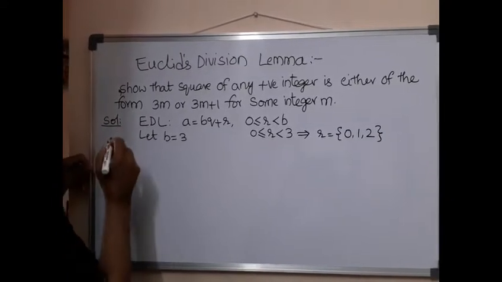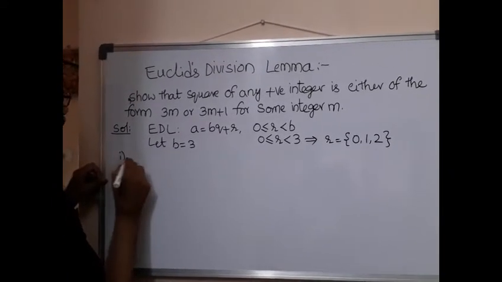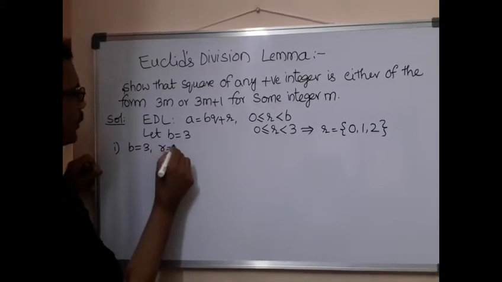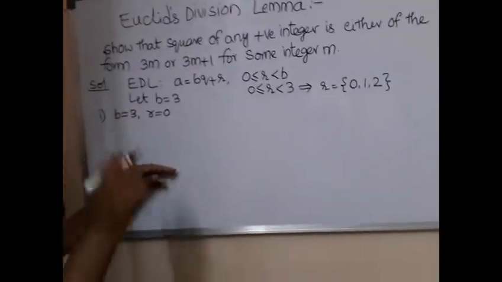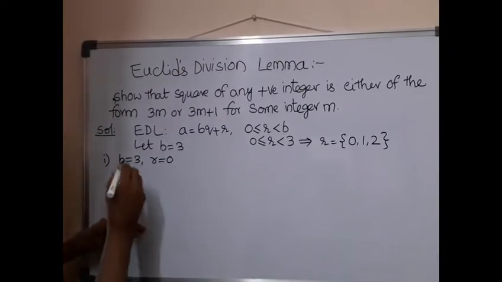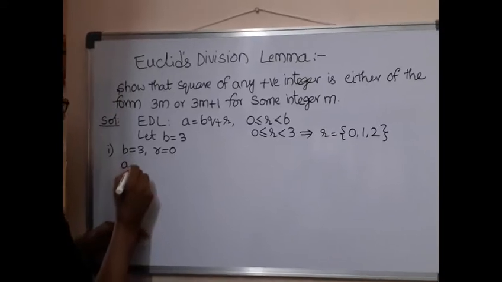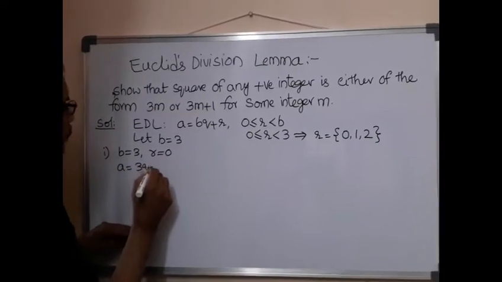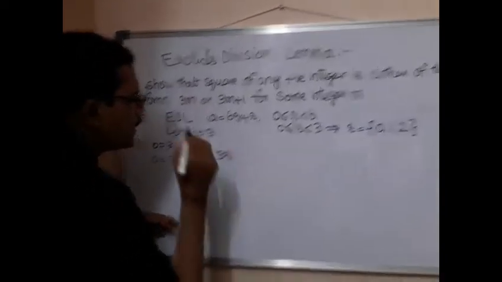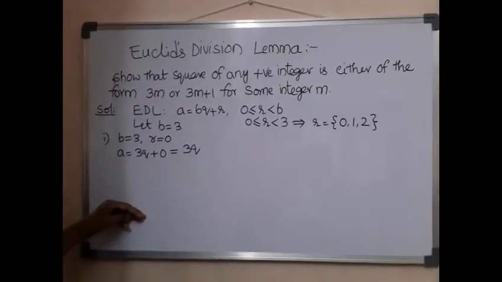Now in step 1 we will take b = 3 and r = 0 and substitute in a = bq + r form. a = 3q + 0, which is 3q itself. This is a.